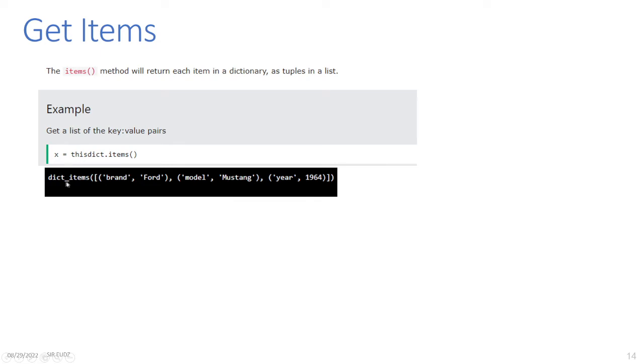If you print X, it's a list. You notice it is enclosed in square brackets, and the pair of key and value are in a tuple, enclosed in open and closed round brackets or parentheses. So brand Ford, model Mustang, year 1964.